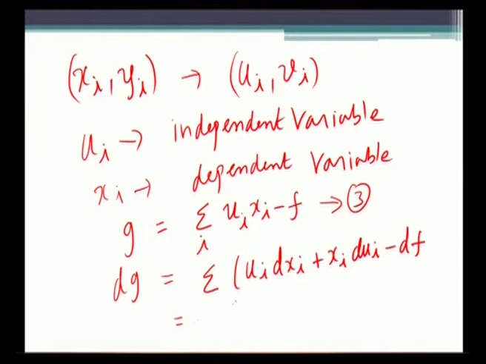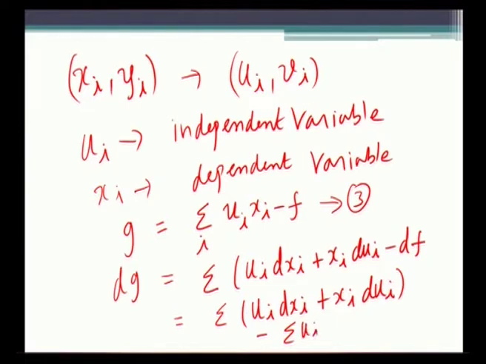Then this change can be further simplified as summation over ui dxi plus xi into dui, minus summation ui dxi, minus summation vi dyi minus dou f by dou t into dt.